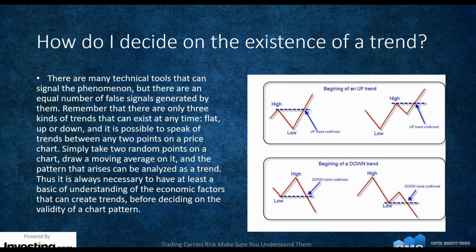Simply take two random points on a chart, draw a moving average on it, and the pattern that arises can be analyzed as a trend. Thus, it is always necessary to have at least a basic understanding of the economic factors that create the trends before deciding on the validity of a chart pattern.